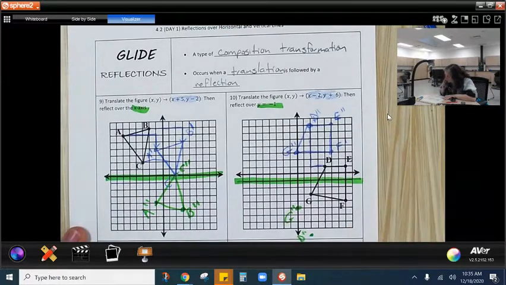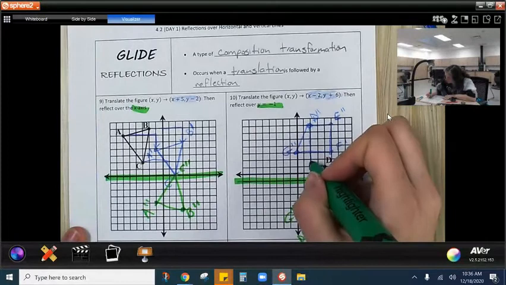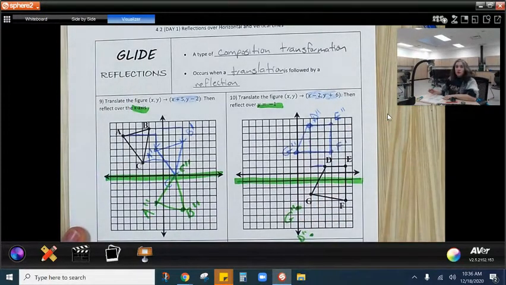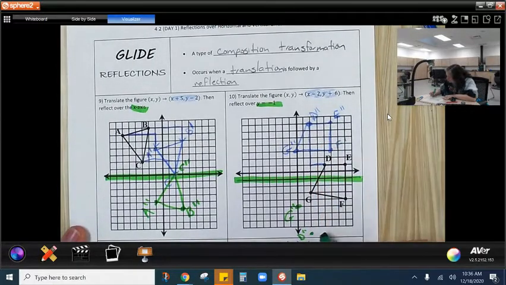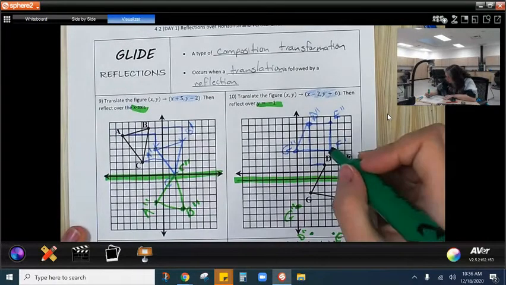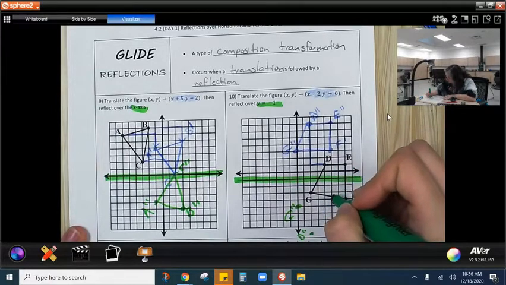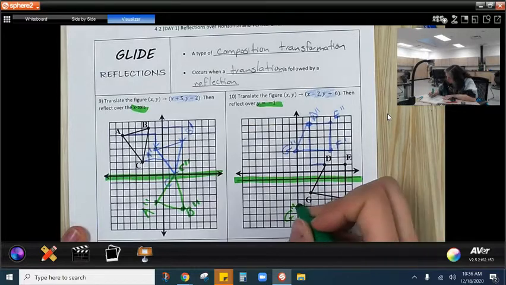So that should be D. Did I do this one right? 1, 2, 3, 4, 5. Yep, I did it. My graph is just not big enough. Sorry, guys. E is also going to be down here. That's E double prime. And then F is 1, 2, 3, and 4, so that is F double prime.